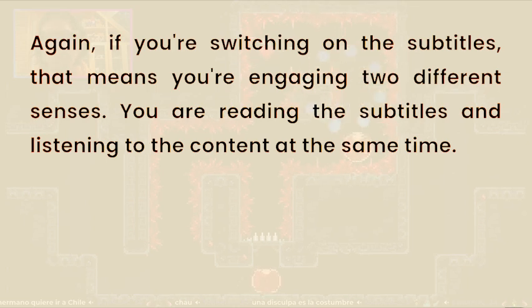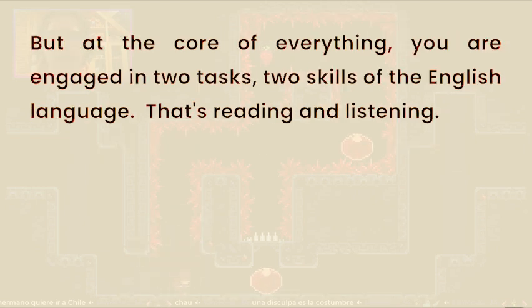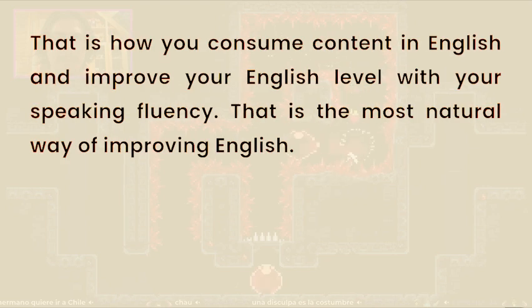You are reading the subtitles and listening to the content at the same time. But at the core of everything, you are engaged in two tasks, two skills of the English language. That's reading and listening. That is how you consume content in English and improve your English level with your speaking fluency. That is the most natural way of improving English.